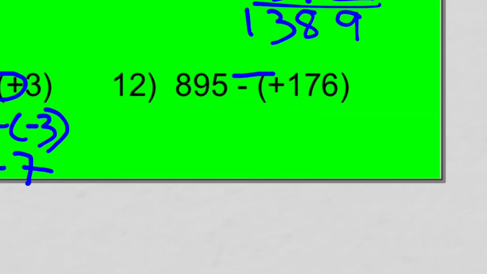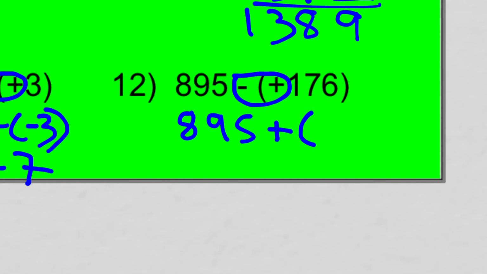Okay, a minus a positive. So I can do keep, change, flip here. 895 combined with the opposite of positive 176 is negative 176.